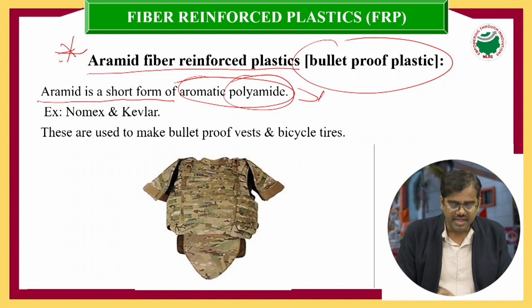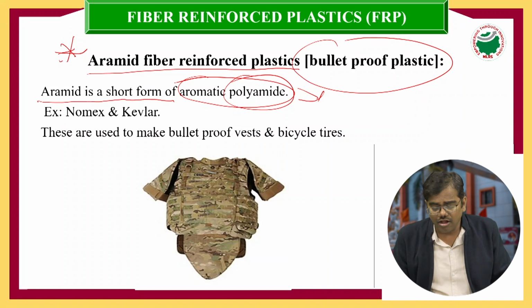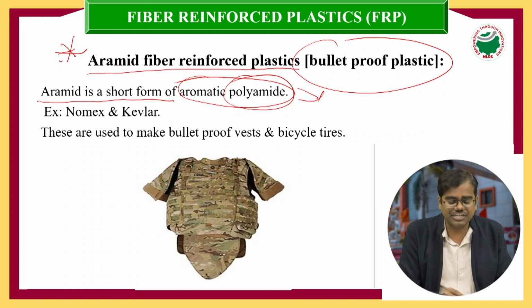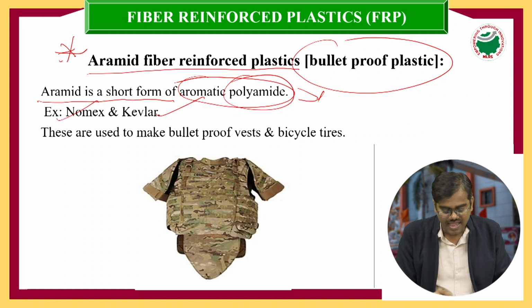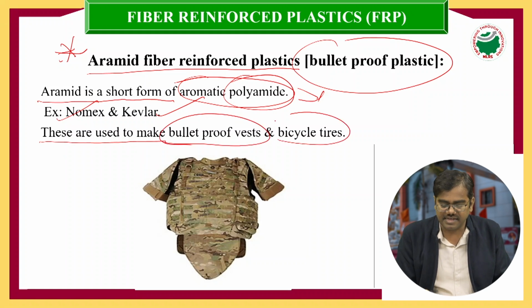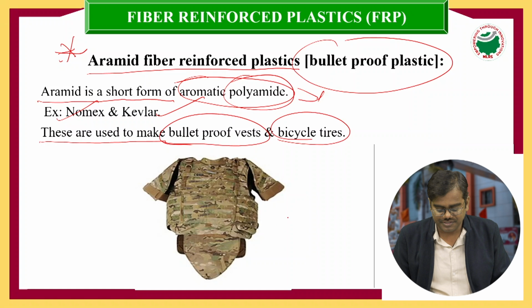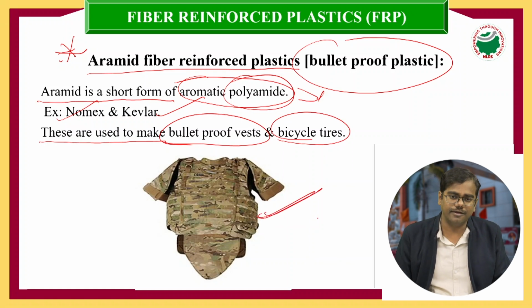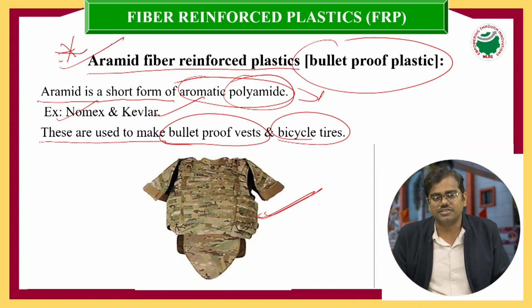In a similar manner, aramid is an aromatic polyamide. The best examples for the aramides are Nomex and Kevlar structures, and these are used to make bulletproof vests, bicycle tyres, and bulletproof jackets. So these are the important properties and applications of aramide fiber reinforced plastic materials.